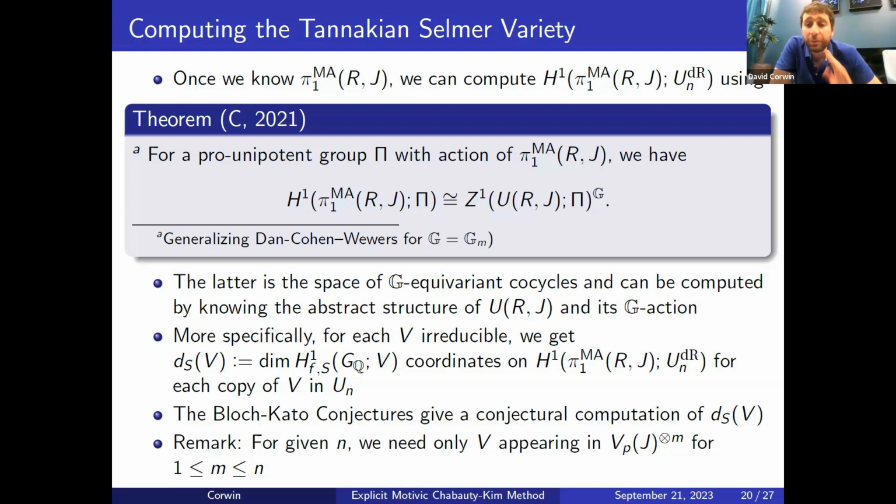And so if one is interested in doing the Iwasawa theory verification, it's useful to know which V we actually need, whether there's an Euler system for that V. And specifically for a given n, we need V appearing in all tensor powers of the Tate module of J up to the nth one, so the mth tensor power for m from 1 to n.